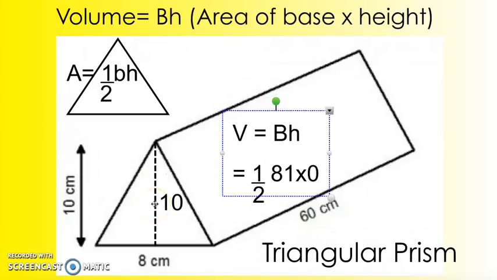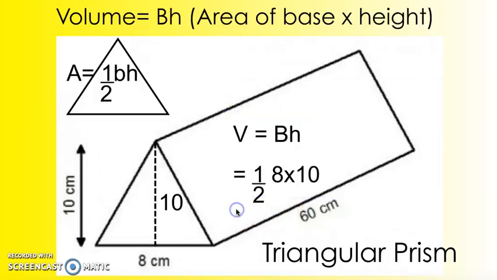So we're going to take 8 times 10, or we could take 1/2 of 8. Let's just do 1/2 of 8. What's 1/2 of 8? It is 4. And then 4 times 10 is 40. Nice job. So our area of the triangle is 40.